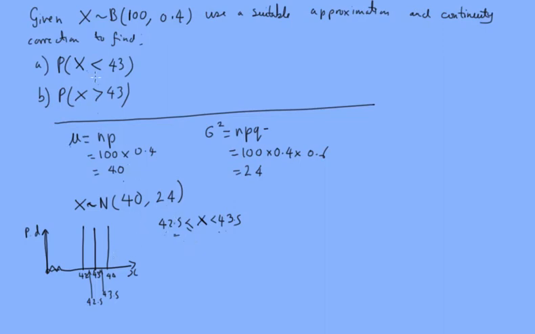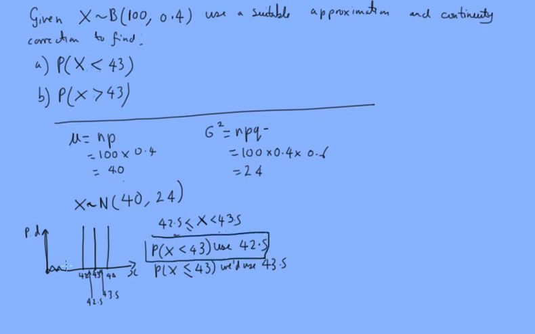Now we know for this one it doesn't equal 43, so for the probability that x would be less than 43, we use 42.5. If probability of x was less than or equal to 43, we'd use 43.5, but this is the one we want because it doesn't include 43.